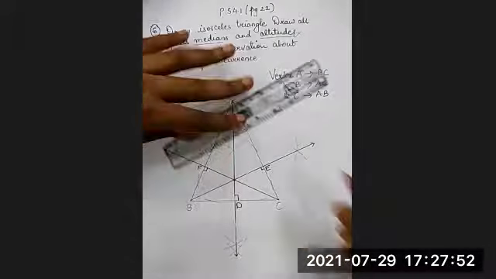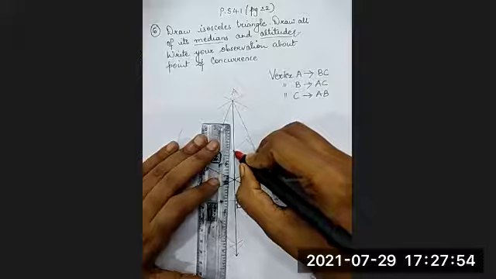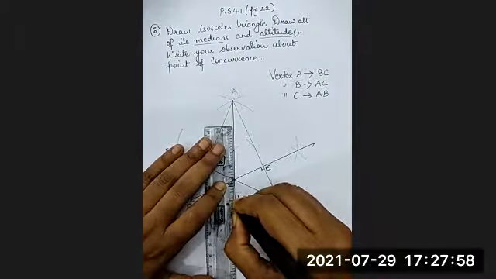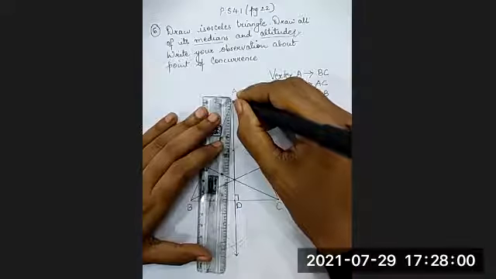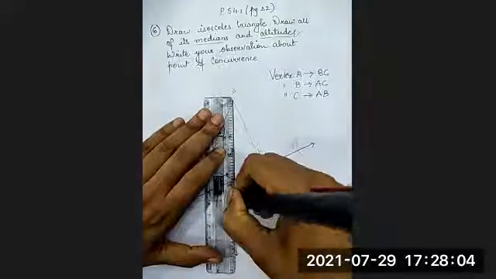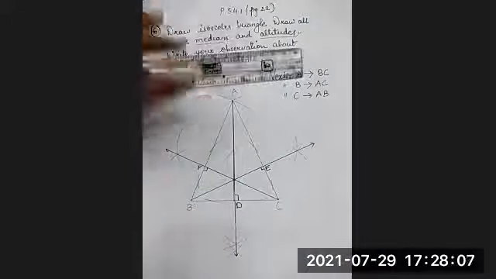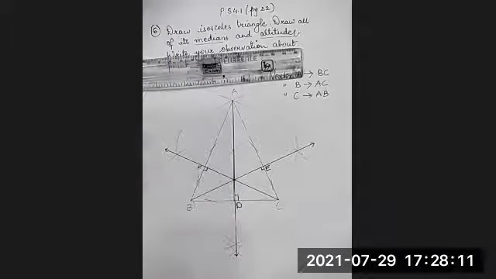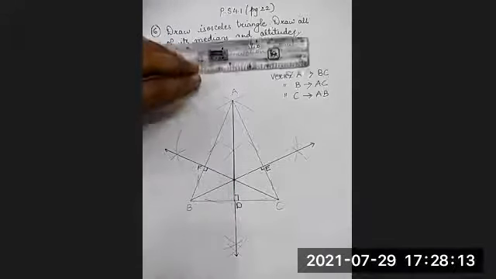With the help of a scale, I will see the point of intersection. It is exactly at D. From A to D, I will draw the first median. Now for an isosceles triangle, one median is exactly the altitude, the perpendicular of side BC.